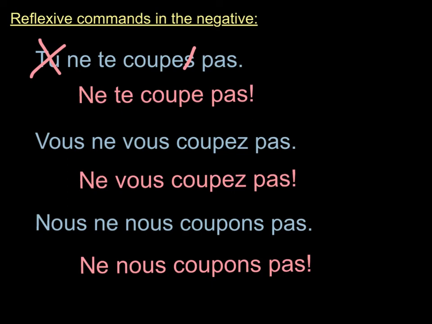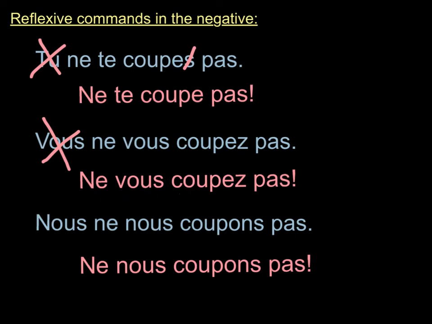Okay? Same thing in the vous form. We have vous ne vous coupez pas. You don't cut yourselves. Vous ne vous coupez pas. You're in the kitchen or what have you. Okay? Drop the vous. And we're left with our reflexive negative command.